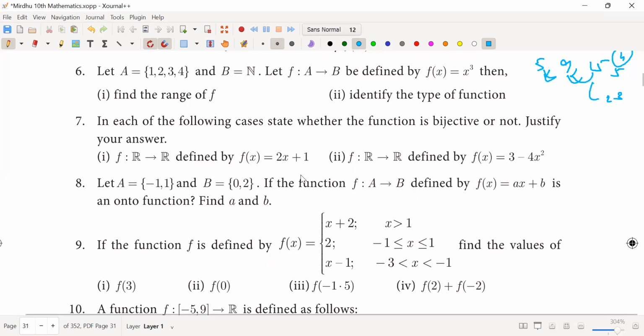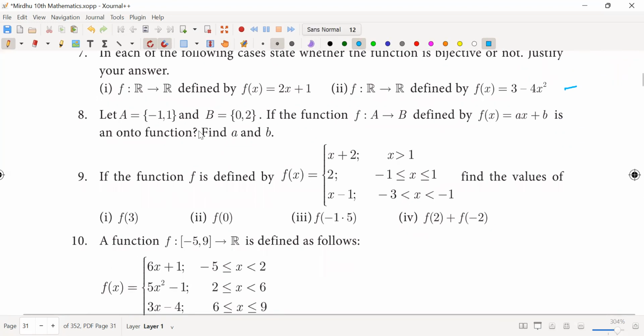No, it's an into function. Yeah. Right. Here. Okay. It will be having many to one also. Right? Many to one also here.